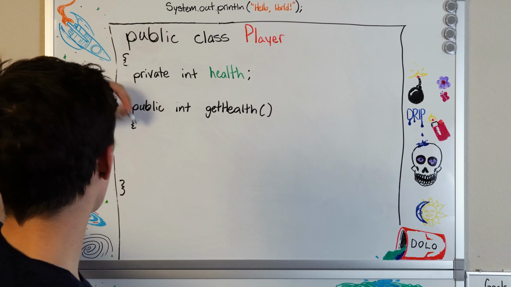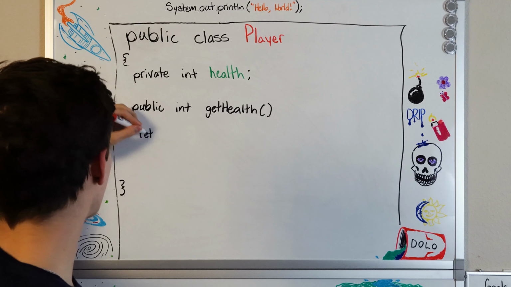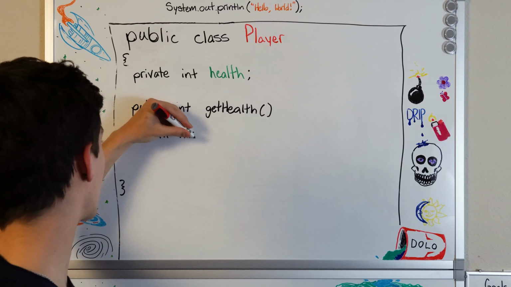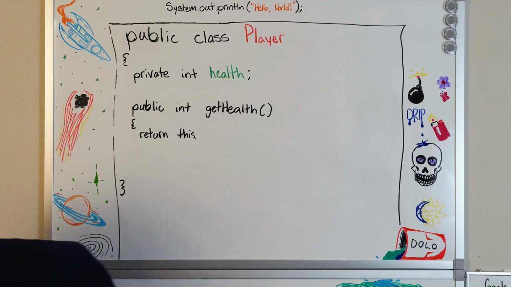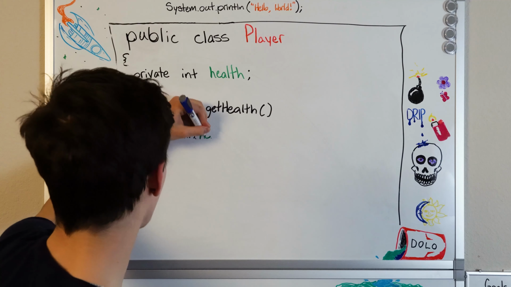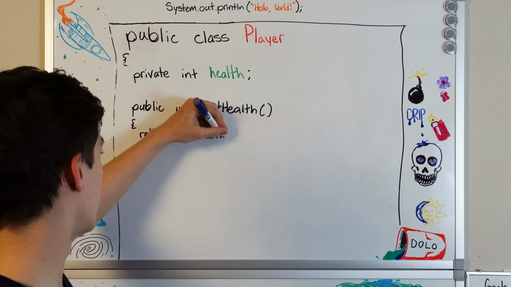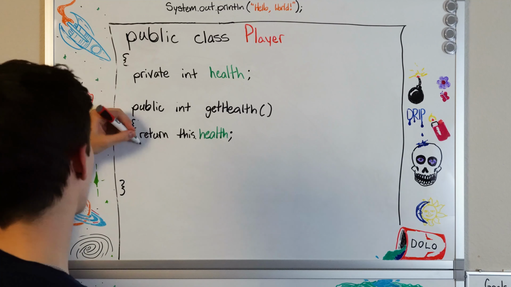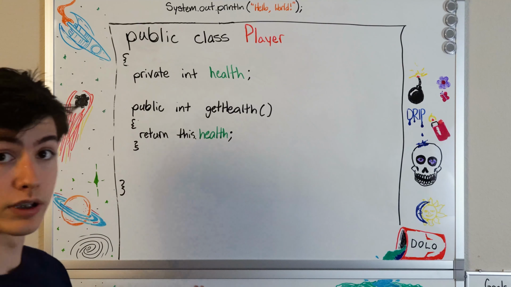We're going to open this up, and we're simply going to write return this dot health. Okay, now that's your getter.